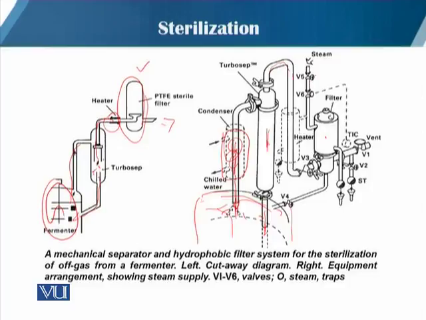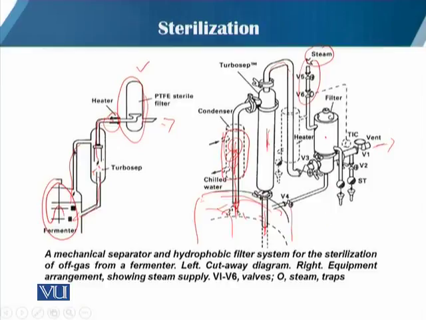You can see here how this will be controlled, because this filter requires pre-sterilization. So there is an automatic on and off valve. This is the steam inlet, then this whole chamber, and then there is the outside.